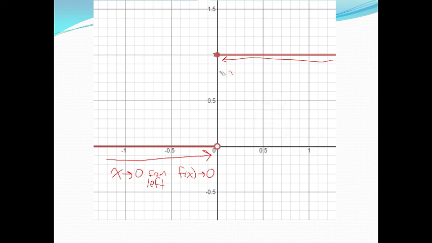As x approaches 0 from the right, f of x approaches 1.